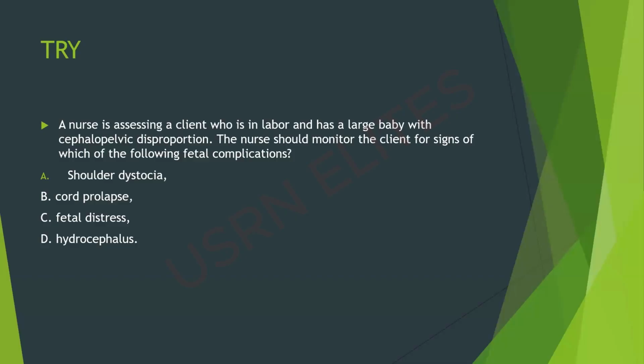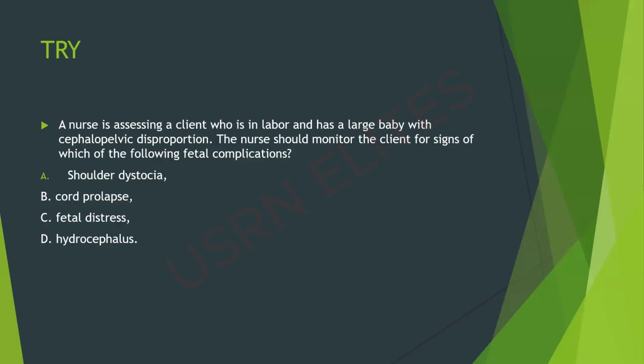So a nurse is assessing a client who is in labor, has a large baby with cephalopelvic disproportion. The nurse should monitor. So look at the qualifying or modifying word. Large baby with what? Cephalopelvic disproportion.